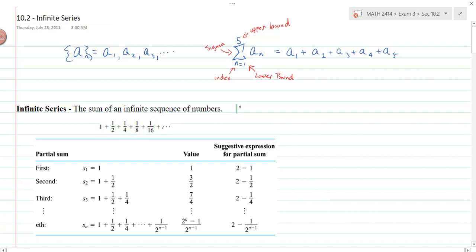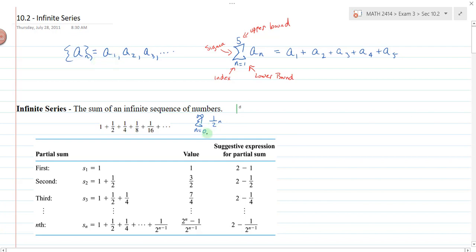If I were to look at this, is there a way that I could write this expanded series using sigma notation? And there is, because this looks like powers of 2 in the denominator. So I would say this is 1 over 2 raised to the n, starting at n equals 0. Now with the sequences, I told you they always start with n equals 1, and that's true.